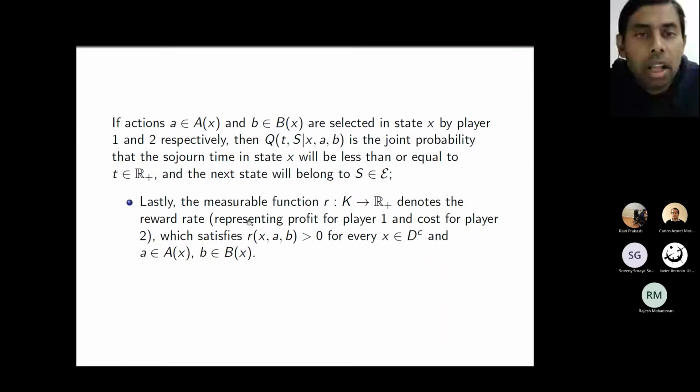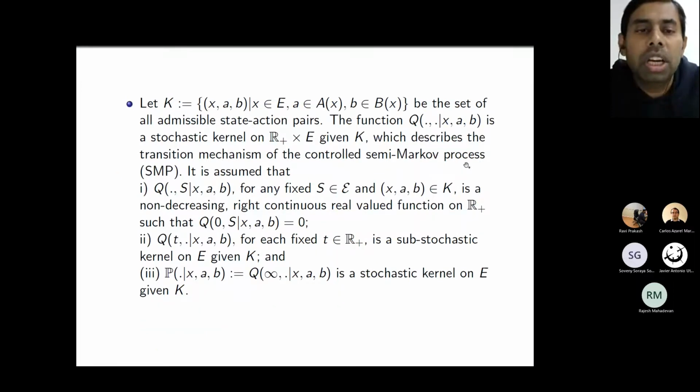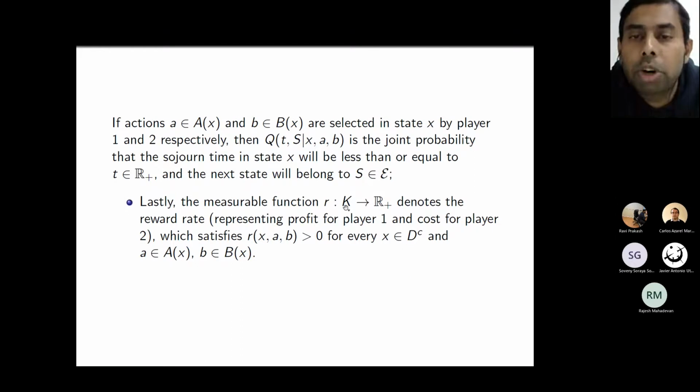Fine, so I have explained all this. The last thing is this r. This r is the reward function, a measurable function on K, the admissible state-action pairs. It denotes the reward rate, representing profit for player 1. In the problem we are considering, player 1 is trying to maximize and player 2 is trying to minimize. So this reward is the rate at which player 2 pays player 1.